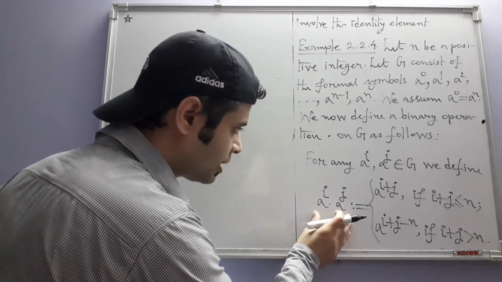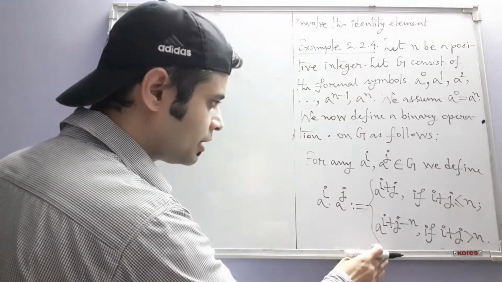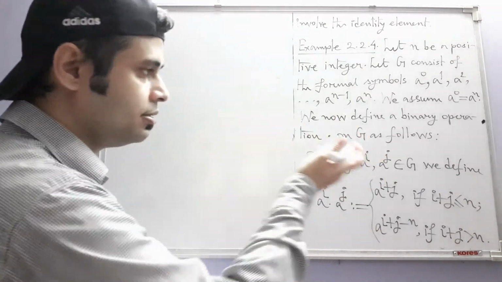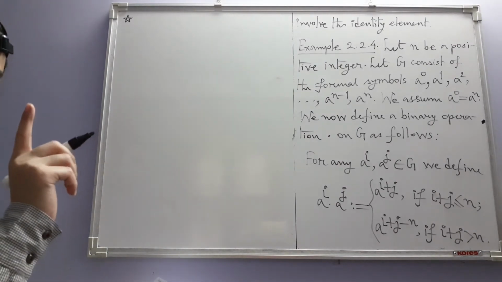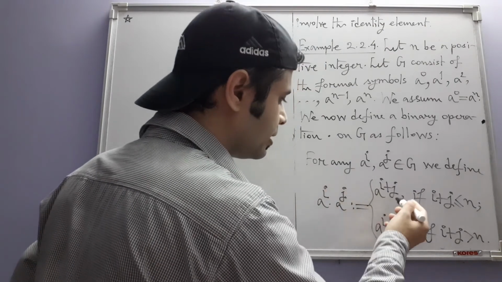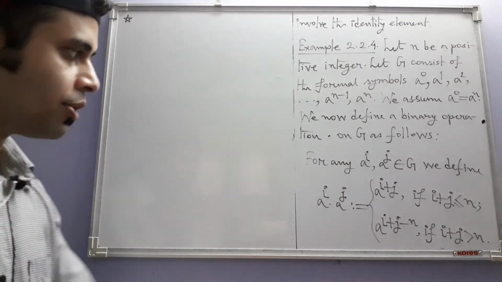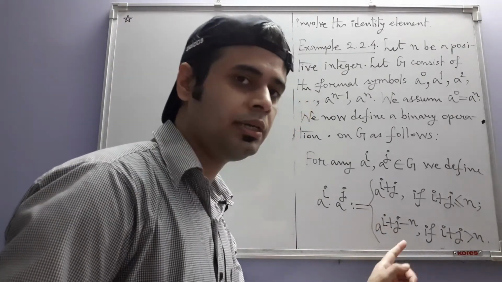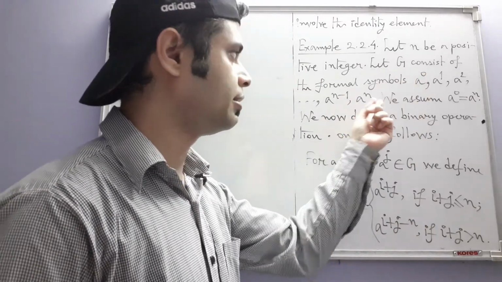First, we have to show that whenever we are calculating this quantity, whatever we are getting is again in G, again an abstract symbol in G, and that is not immediately evident because here we have i plus j, and here we have i plus j minus n. For these things to again be in G, i plus j must lie between 0 and n.